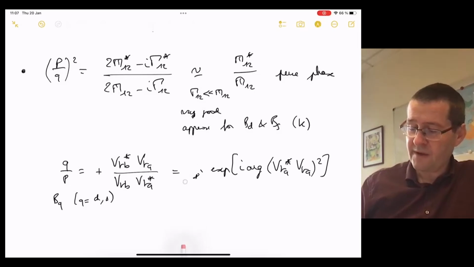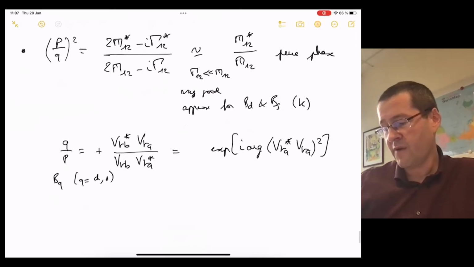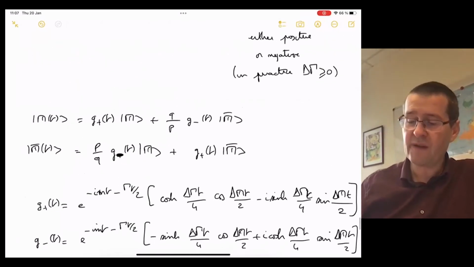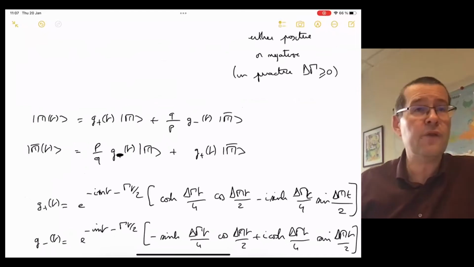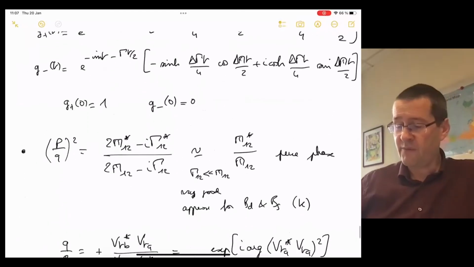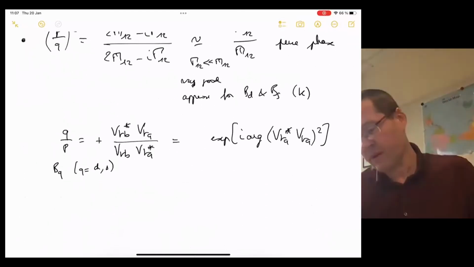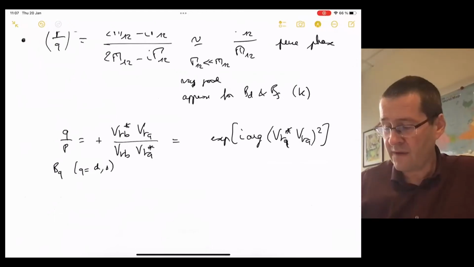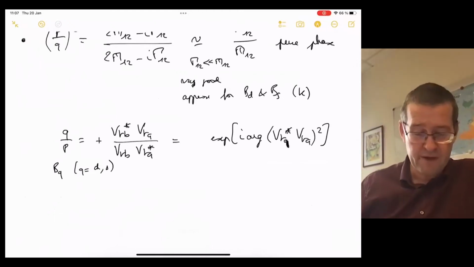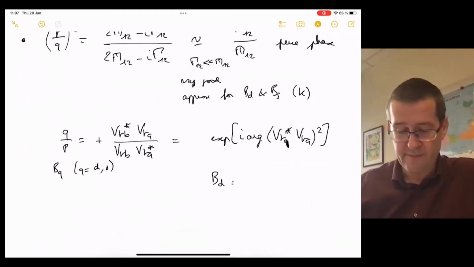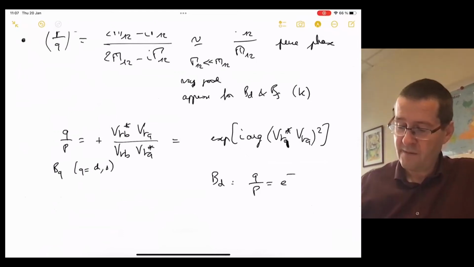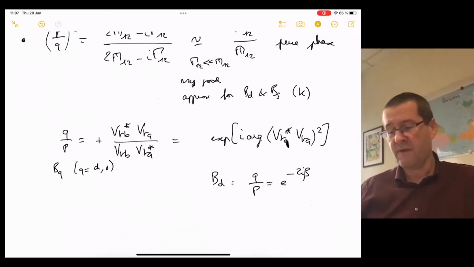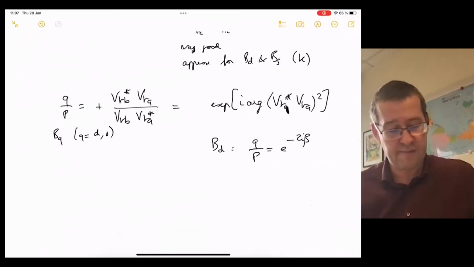So that means that if you have a way of measuring the mixing and you see that this mixing involves q over p, you could have in principle information about phases that are present inside the CKM matrix and that are potentially related to CP violation. So for instance, for B_d, q over p will be related to one of the angles of my triangle.